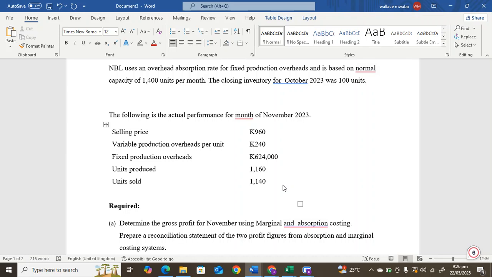Marginal costing, you only value the inventory using variable costs. Absorption costing, you value the inventory with variable and fixed costs, okay? That's the difference. It's all in the valuation of inventory.